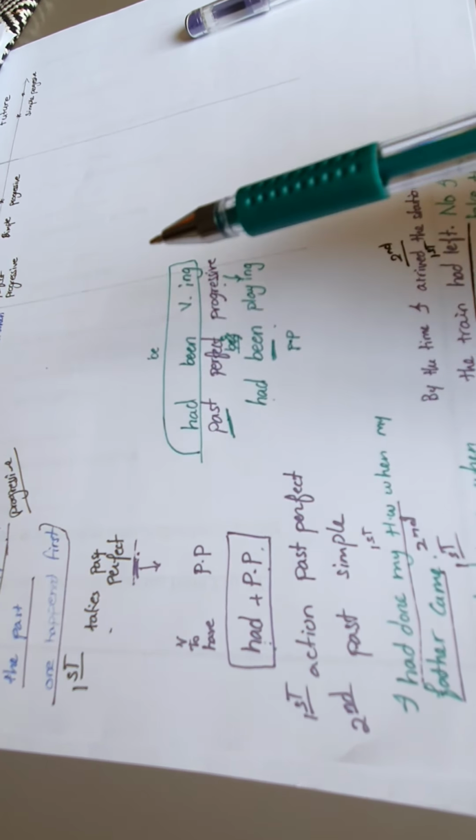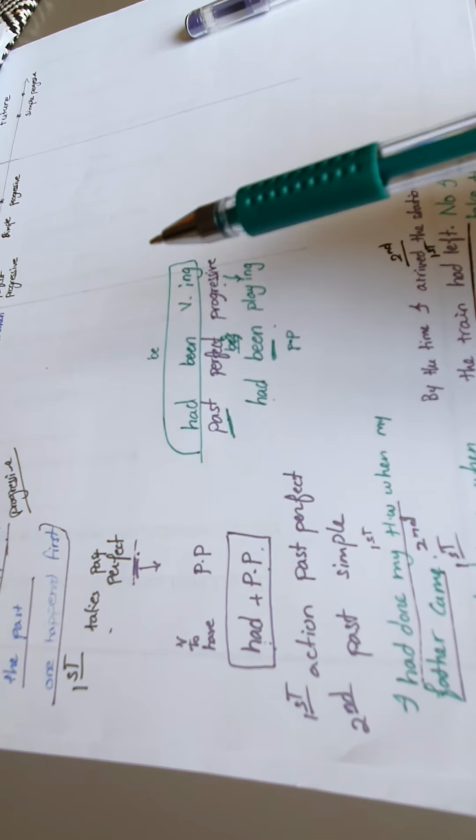This is the past perfect. When do I use past perfect? When I have two actions and the first takes past perfect. When do I use past perfect continuous? When this first action took time. I had been watching television for 3 hours when Dad came.